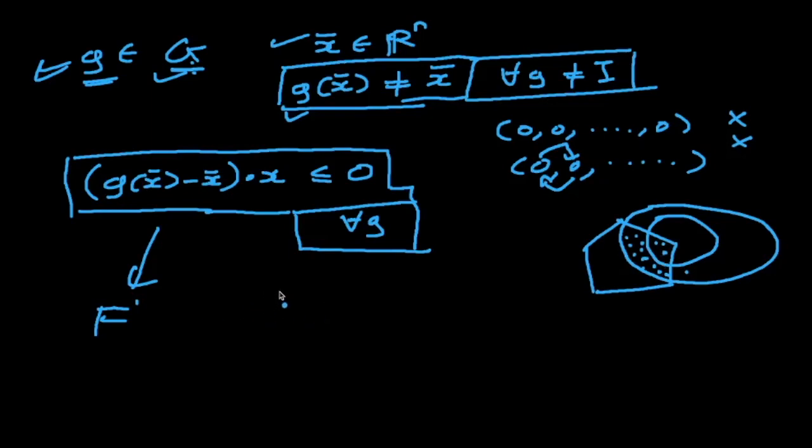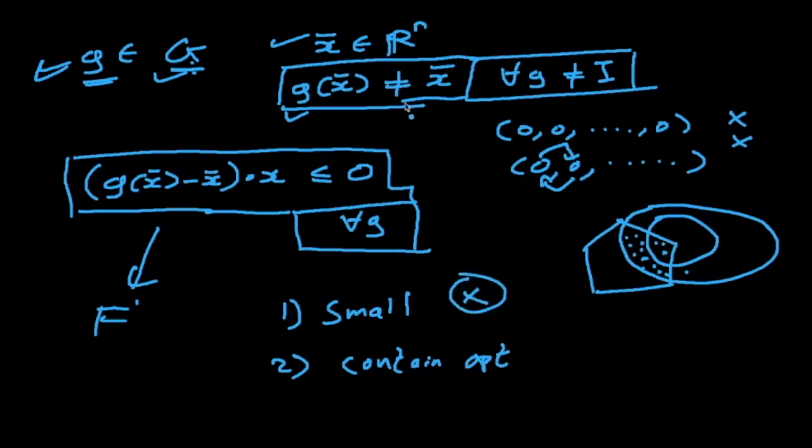So again, the two properties that we cared about, right? One of them was, first, it should be small, and second, it should contain an optimal solution. So only this first one might be broken if we drop this requirement.